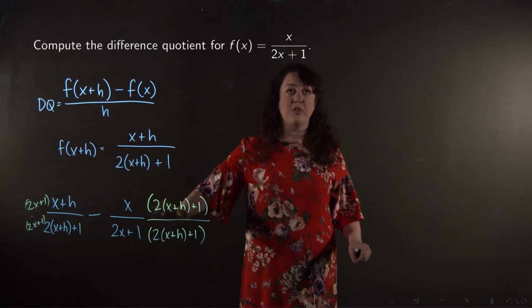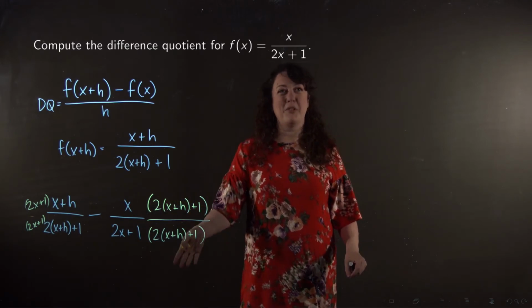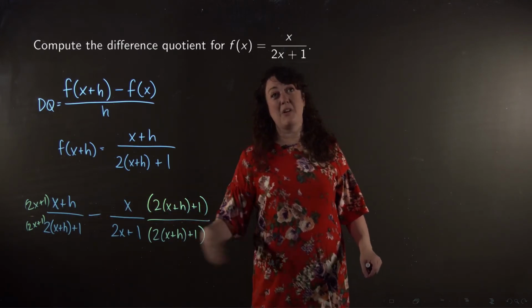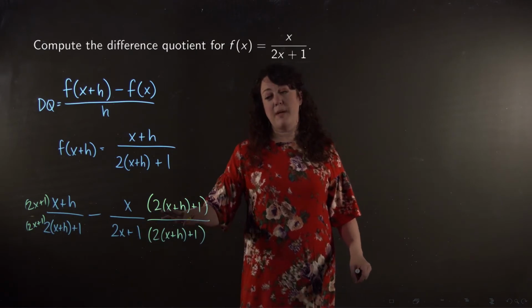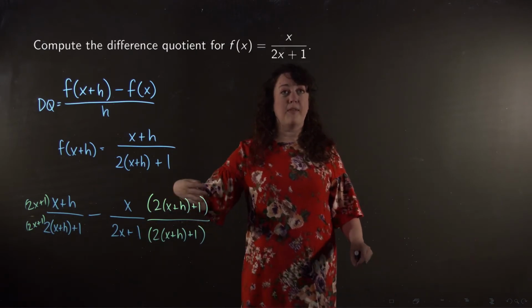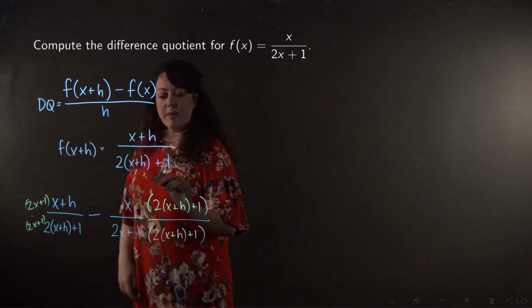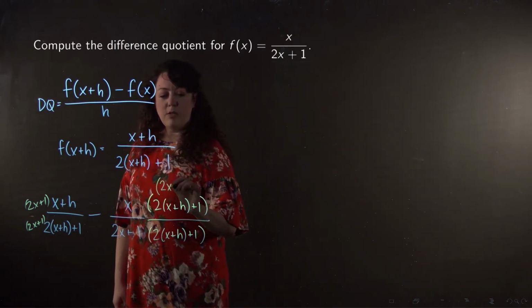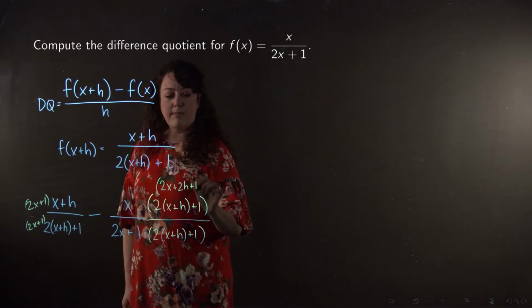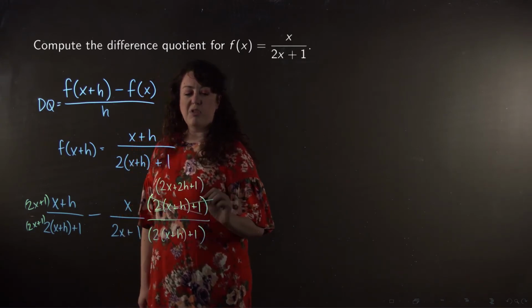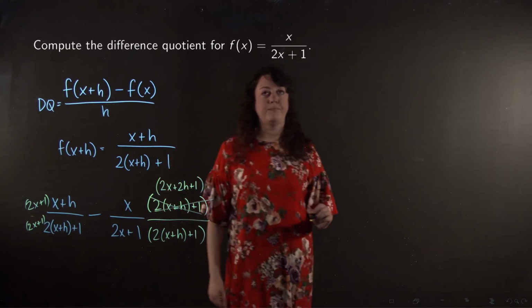It's going to help me to just distribute that 2 inside. You don't have to do it on the bottom. The bottom is just going to stay gross the whole time. So we can multiply it inside on top, and that'll simplify our multiplication across, but don't worry about it in the denominator. So I'm going to write this as, I'm really multiplying by 2x plus 2h plus 1. Just ignore that first fraction that was there.